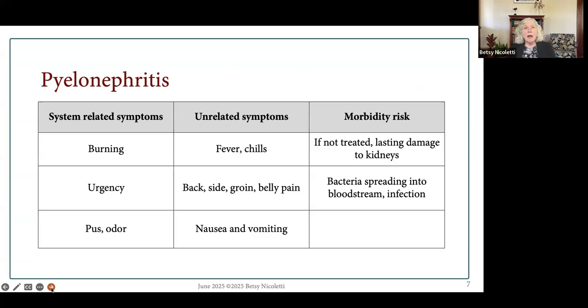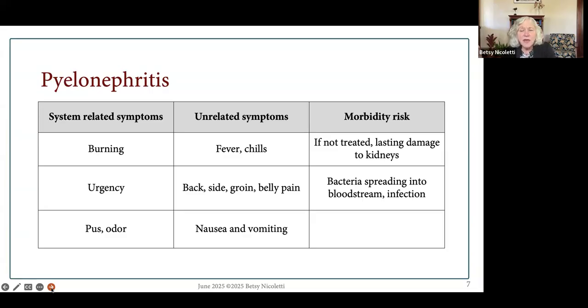I thought it would be helpful if I looked up the 3 conditions that are listed in the 2021 CPT book as acute illness with systemic symptoms. First, I made a column for the symptoms related to the system. Then for unrelated symptoms and morbidity risk, and pay real attention to the morbidity risk.